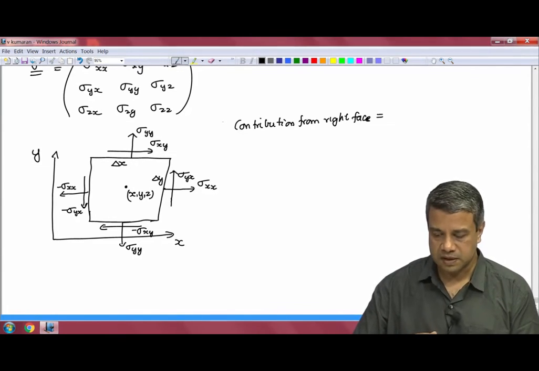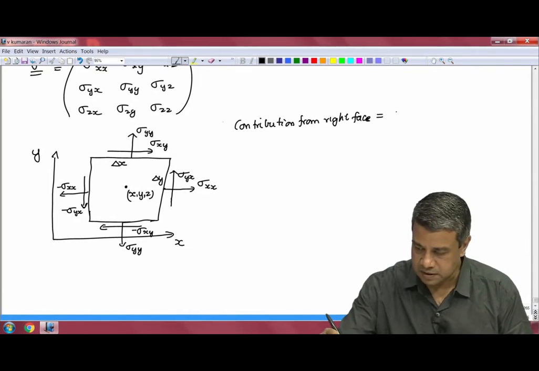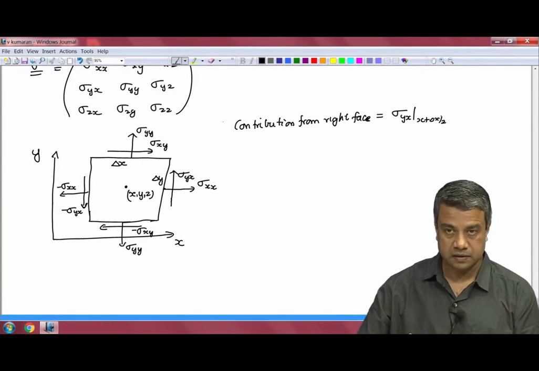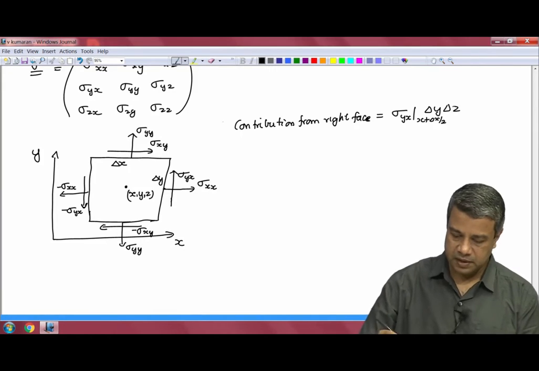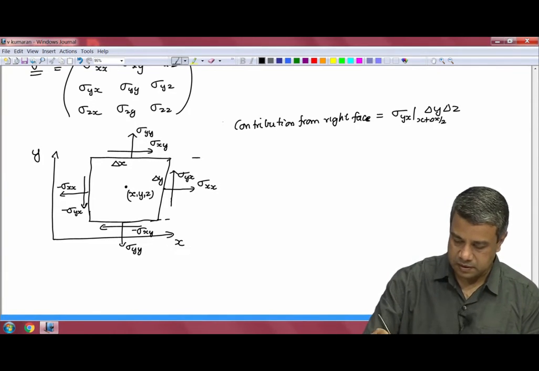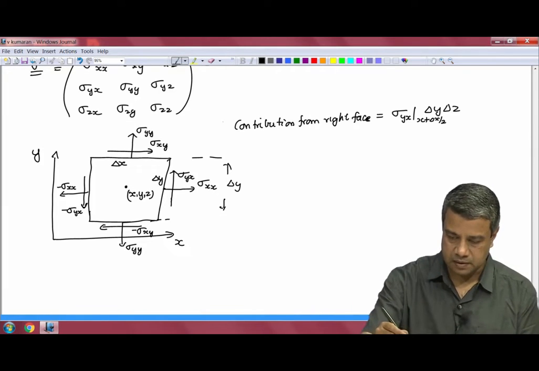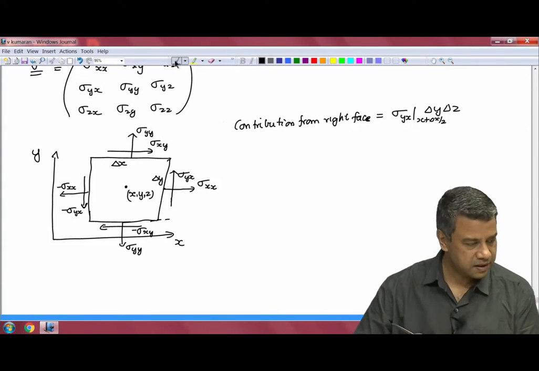The tangential force times the distance from the axis of rotation is the contribution to the torque. So, the tangential force here is sigma yx at x plus delta x by 2. This is the force per area, times the surface area, which is delta y into delta z. This distance is delta y, and delta z is the distance perpendicular to the plane.